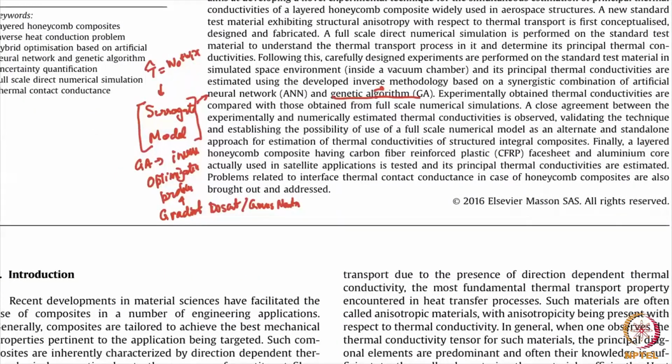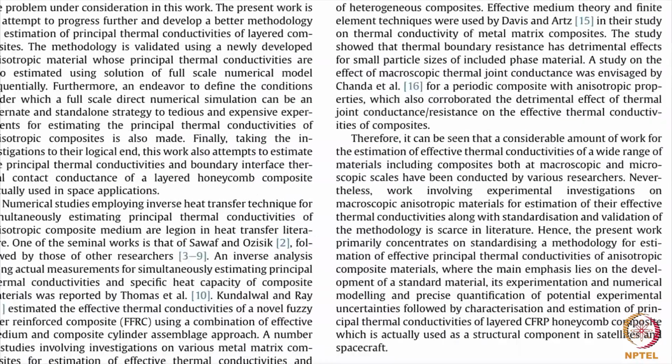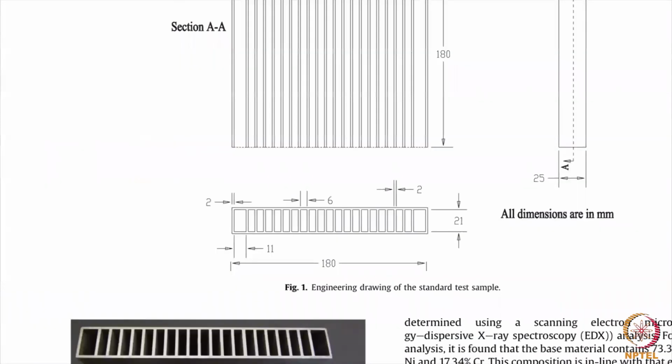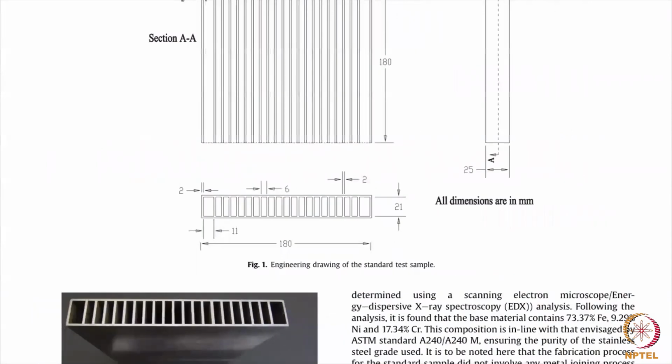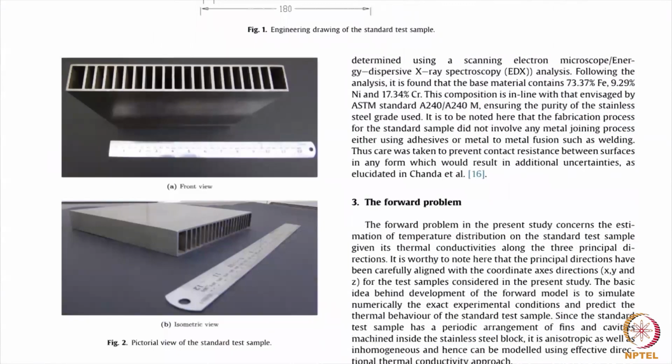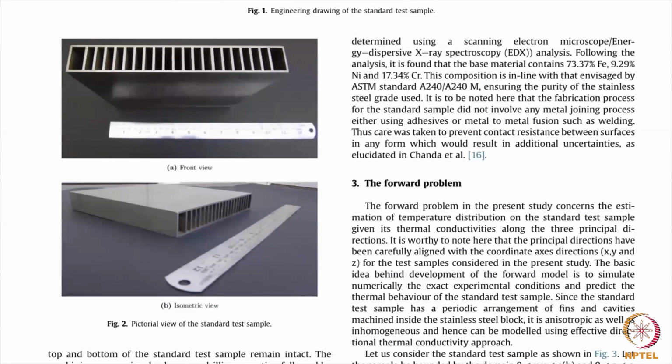Okay, so I'll just come down here and show you where the forward problem is. What we were looking at is design of an isotropic material of this sort and try to estimate the temperature distribution on the standard test sample.